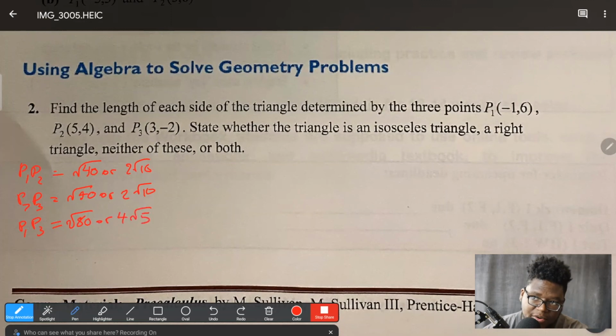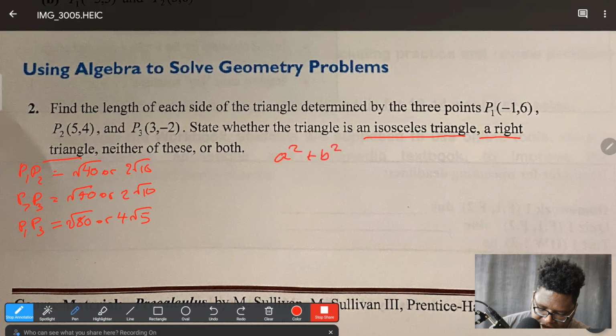Now we are going to use this information to determine whether it's isosceles, right, neither, or both. Remember, if these 3 create a right triangle, then a squared plus b squared has to equal c squared. So let's try it. This is obviously the longest side, and I'm just going to use these values because it's going to make things easier.